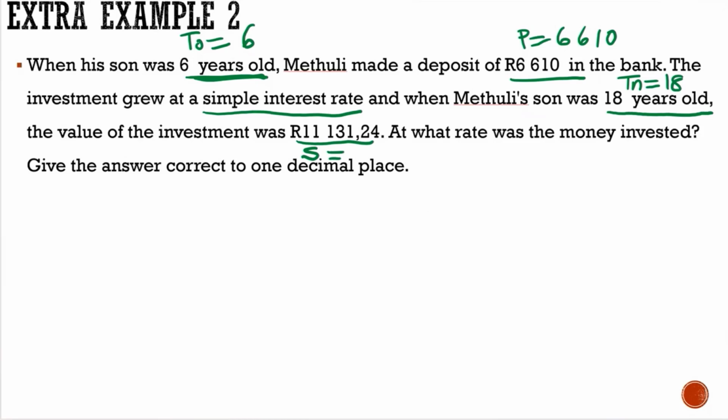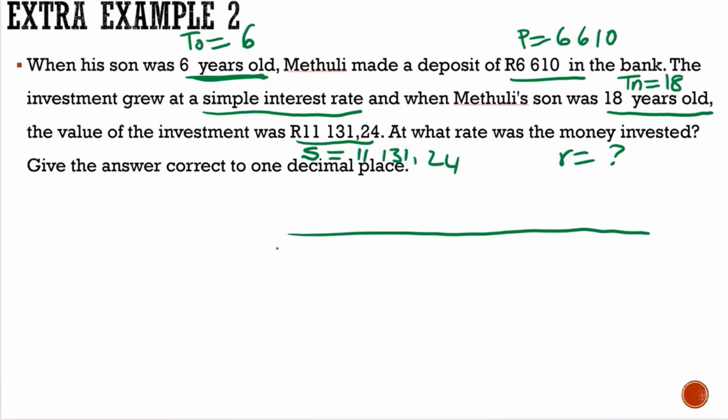Remember, the English used here to refer to the accumulated amount is future value. It is 11,131.24. At what rate was the money invested? That means they are looking for an interest rate. So now you can draw this in a timeline.